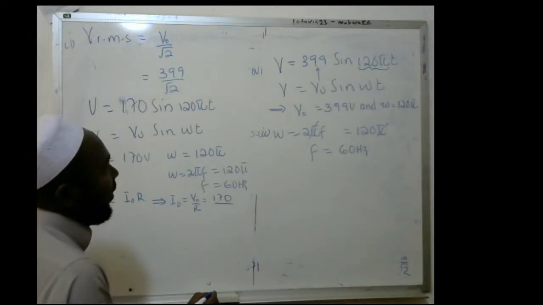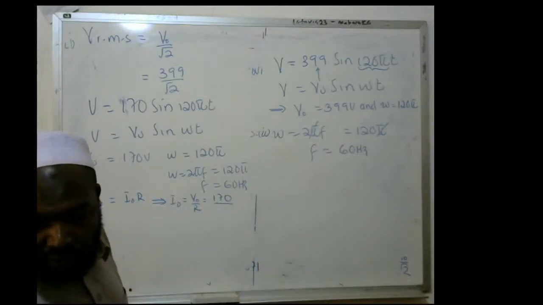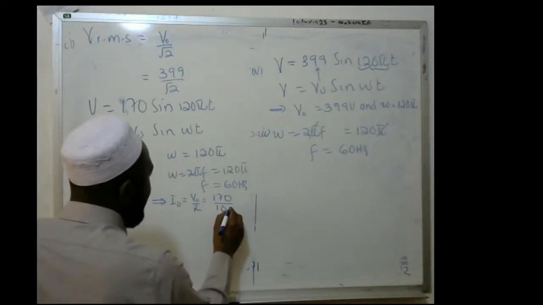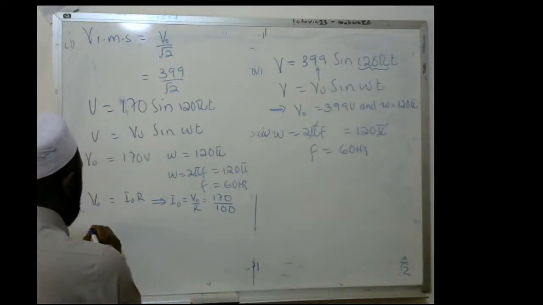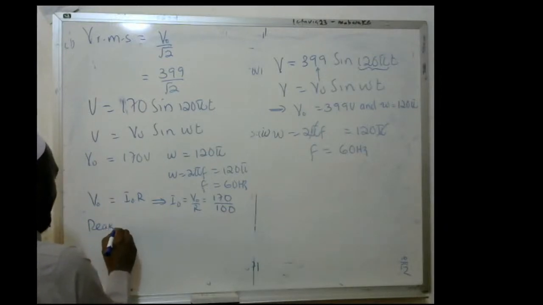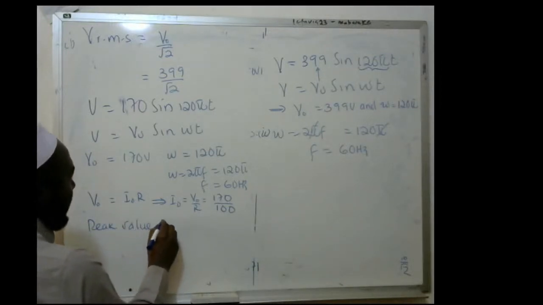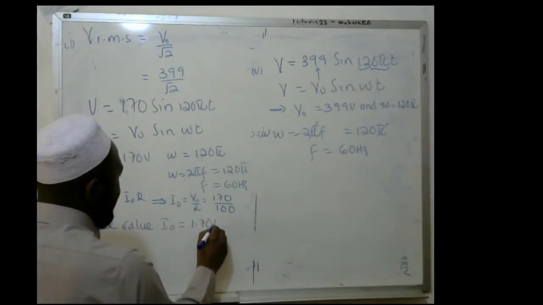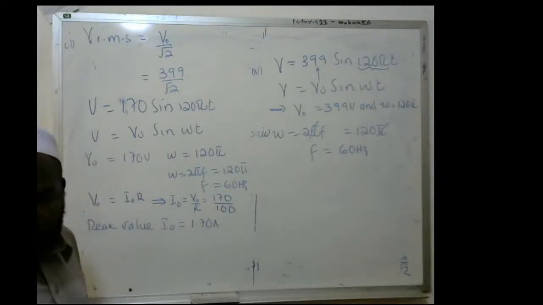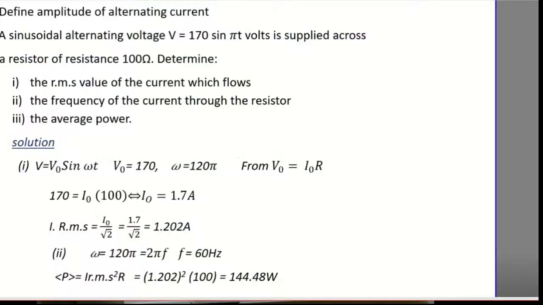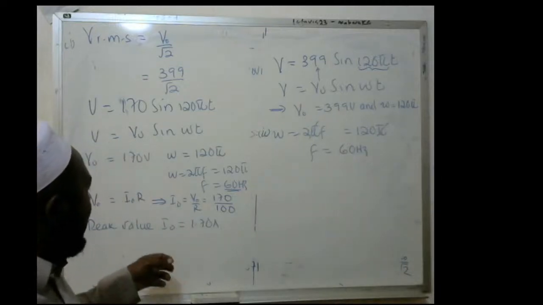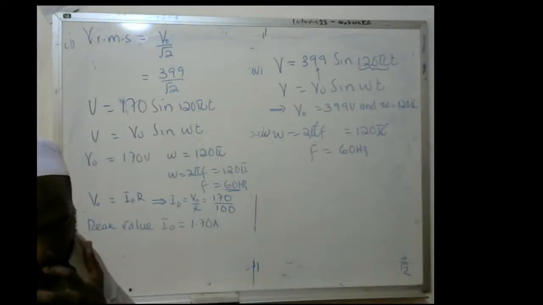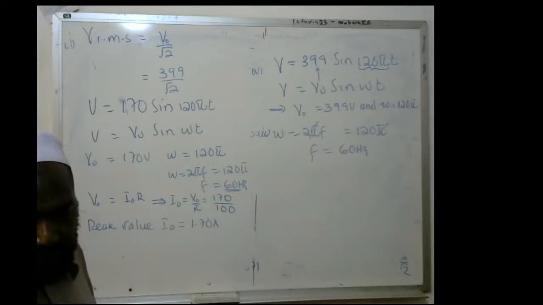If we divide it by the resistance, which was given as 100 ohms, we end up getting the peak value of current to be 1.7 amperes. But the question is interested also in getting the frequency, which I've already got as 60 hertz, and the peak value of current we have got as 1.7 amperes.